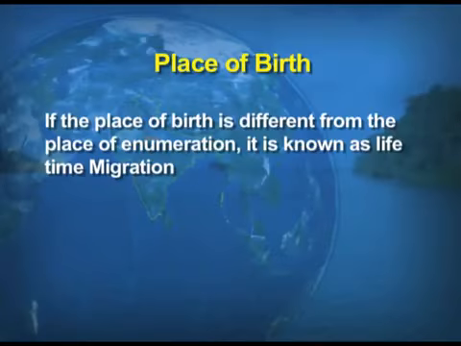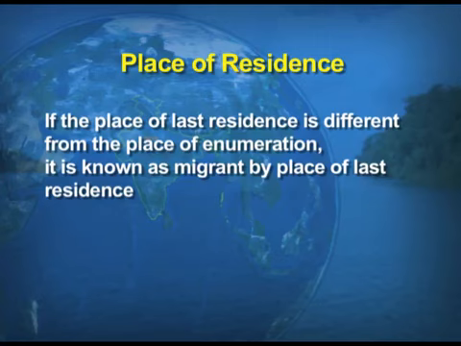If the place of birth is different from the place of enumeration, that is known as lifetime migration. And when we check the place of residence, if the place of last residence is different from the place of enumeration, it is known as migration by place of last residence.